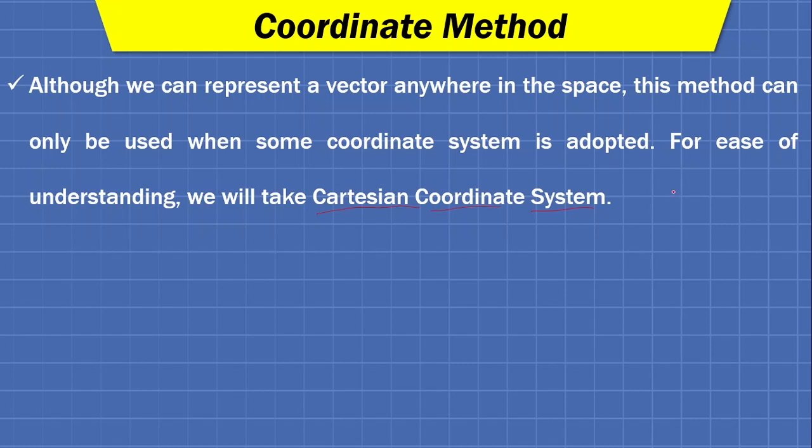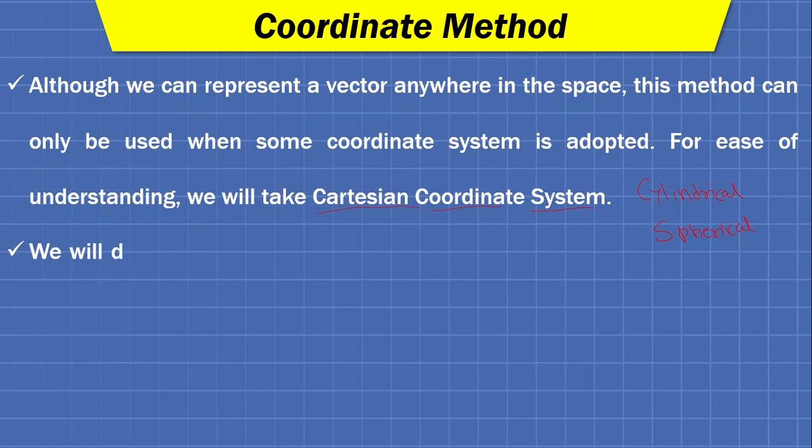Other coordinate systems which will be part of this lecture series are the cylindrical coordinate system and spherical coordinate system. We will learn these two when our series progresses to that topic. Fine. But in this lecture the Cartesian coordinate system will be adopted.